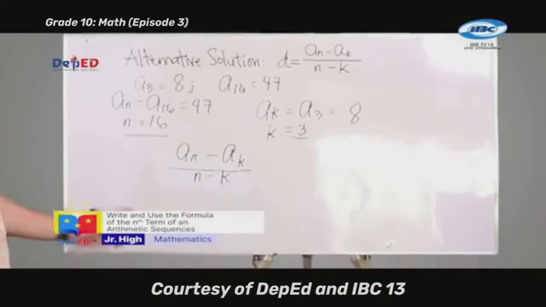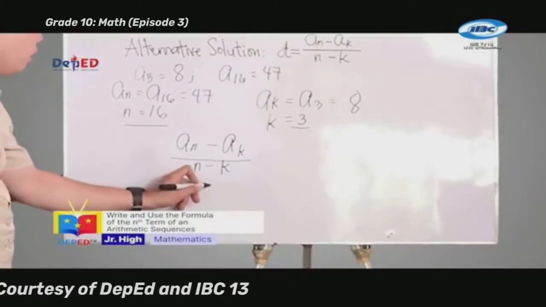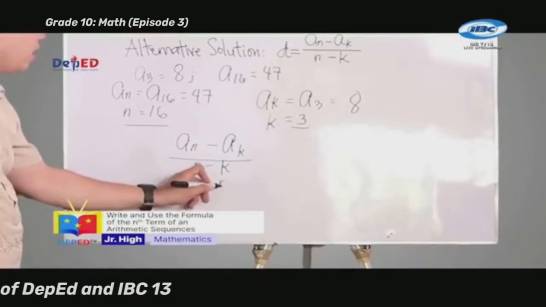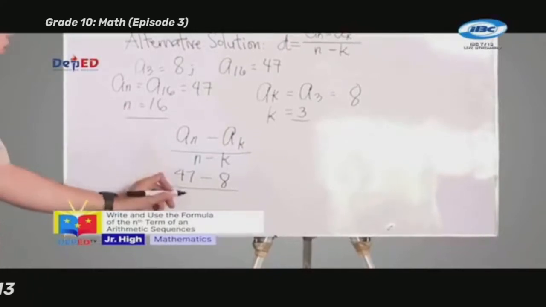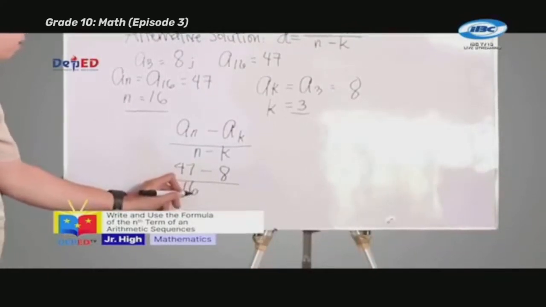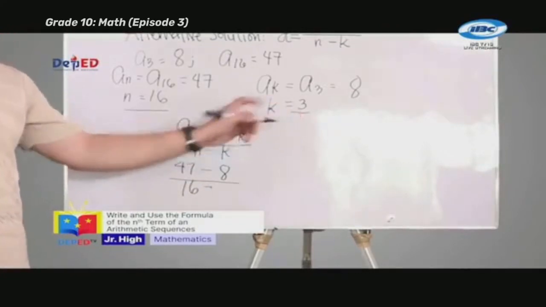So that is 47 minus our a sub k, which is 8, all over our n, which is 16, minus our k, which is 3.